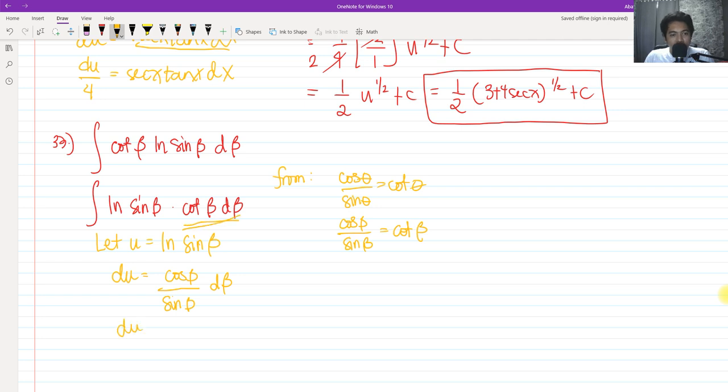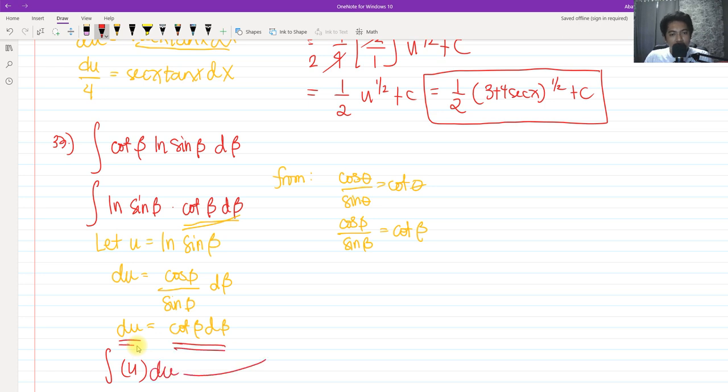So we can replace this as du, cotangent beta d beta. So this is none other than a simple u substitution. So if we're going to substitute, we have ln of sine beta, that is our u, okay? And cotangent beta d beta, that is our du.